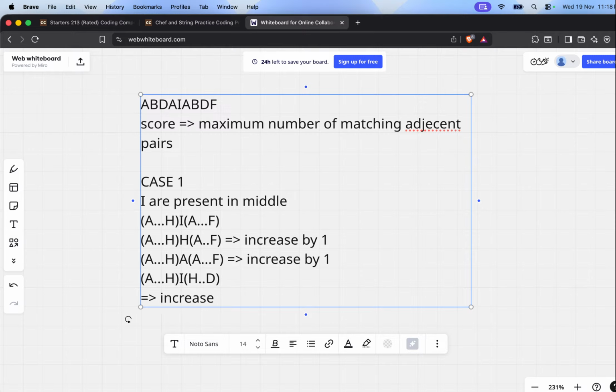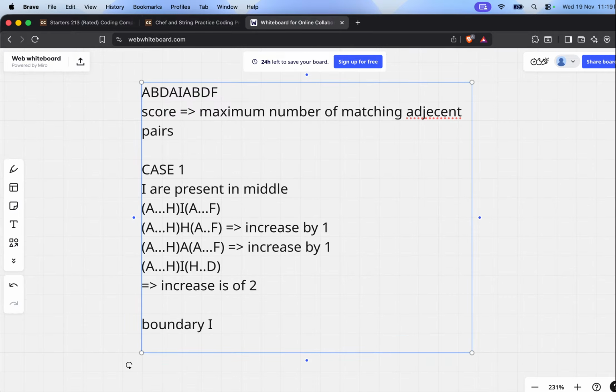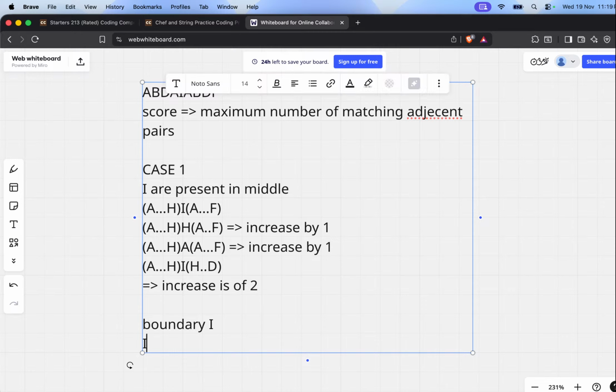So we would obviously want to maximize the score. So the increase is of 2. Now what happens for the boundary conditions? Let's say I is present here.